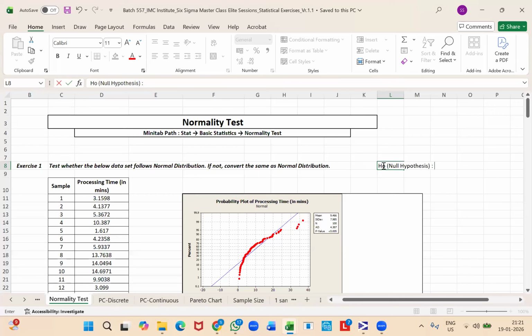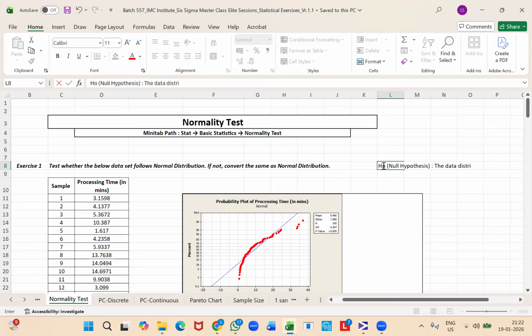Similarly, when it comes to a data distribution, you'll always think that the data distribution is normal unless and until it is proved that the data distribution is non-normal. Clear? So what would be the null hypothesis for normality test? Anyone?